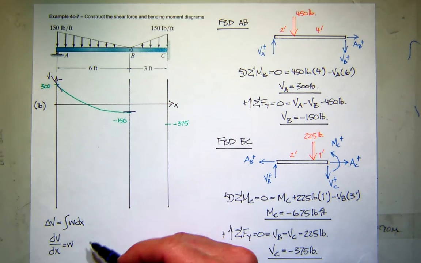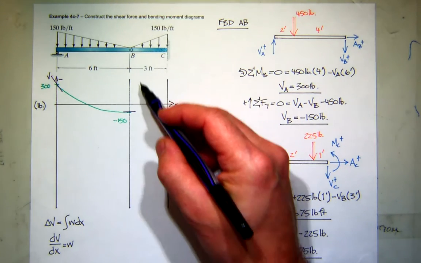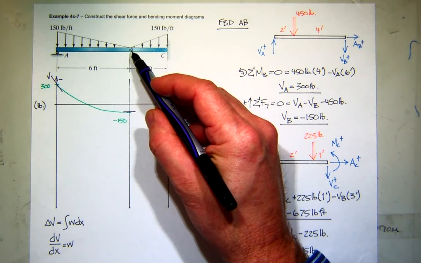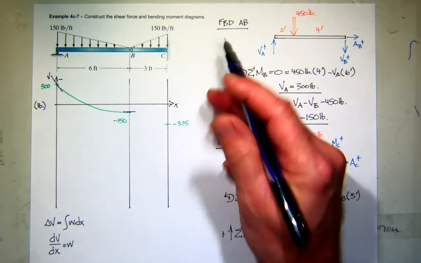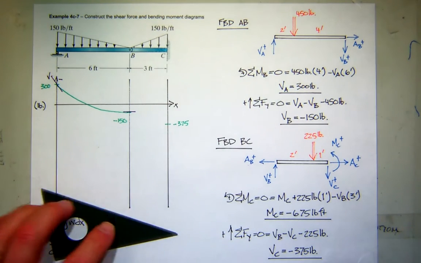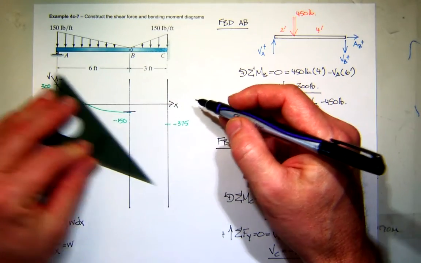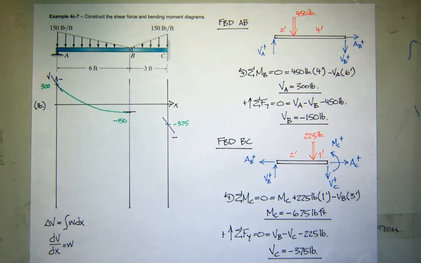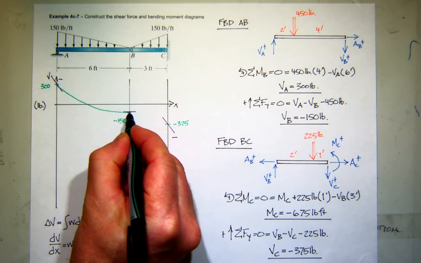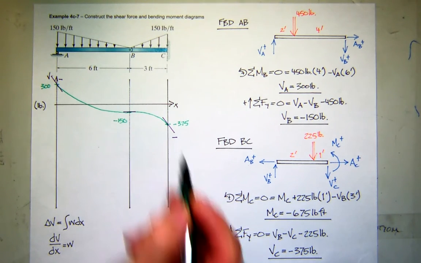Now, the slope is going to be equal to what? The value at B, which is 0, and it increases to a large negative value again. So this is going to be another negative value. So we'll get something that looks like that.